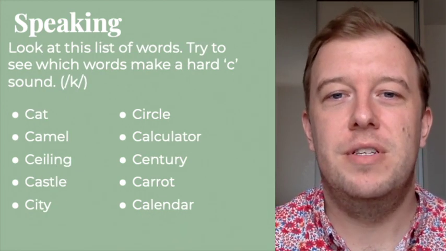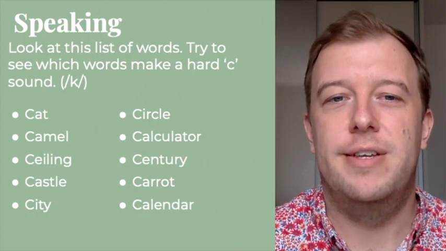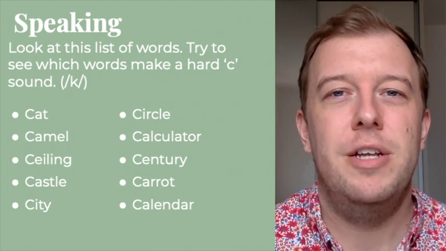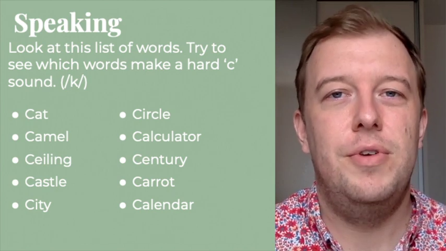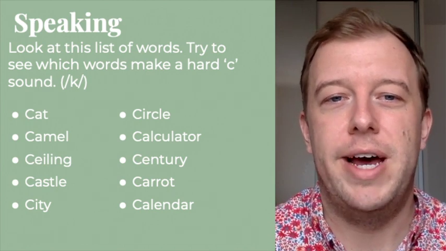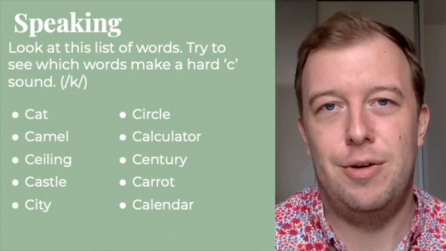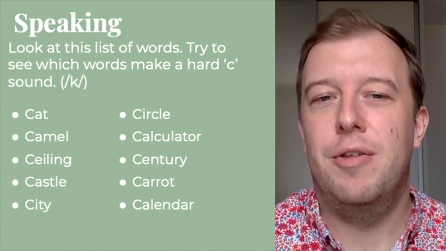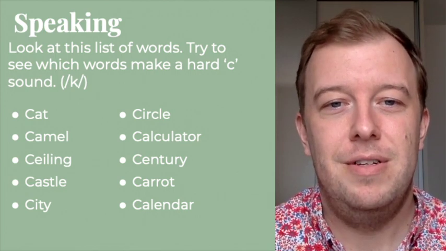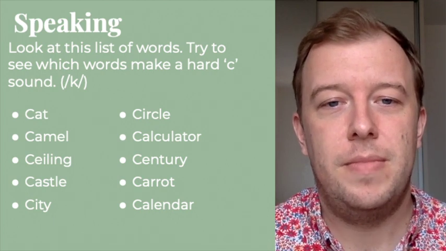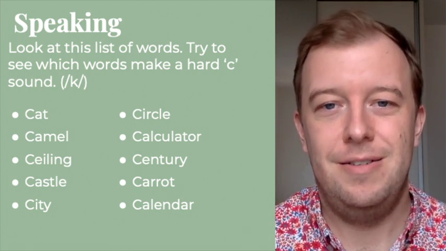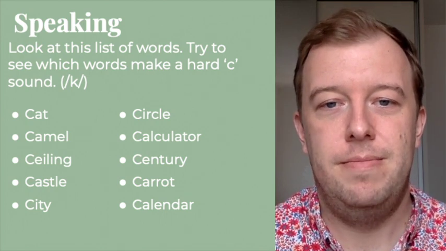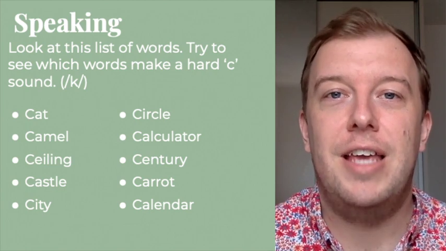So let's see if you can spot which of these words has the hard C sound. I'm going to ask you to pause the video, try to read it out loud, and see if you can figure out which words use that hard C, the K sound. Did you find them? Let's read these together first. We have cat, camel, ceiling, castle, city, circle, calculator, century, carrot, and calendar.